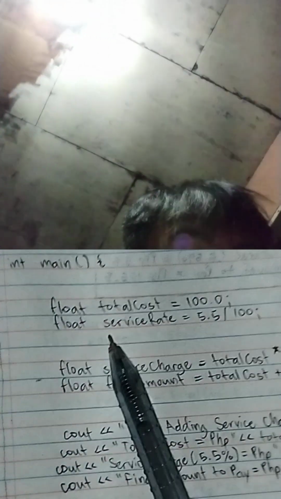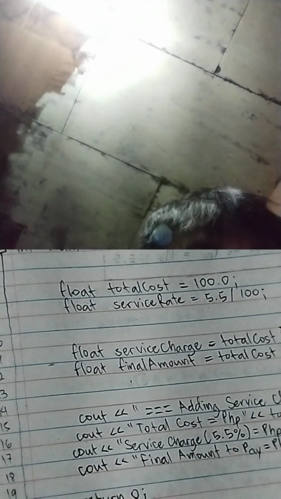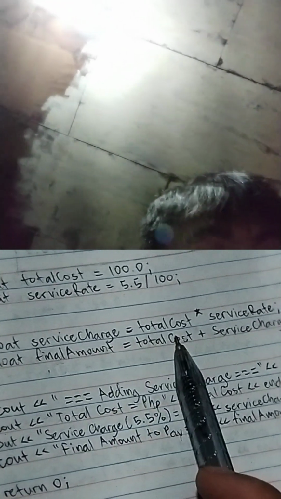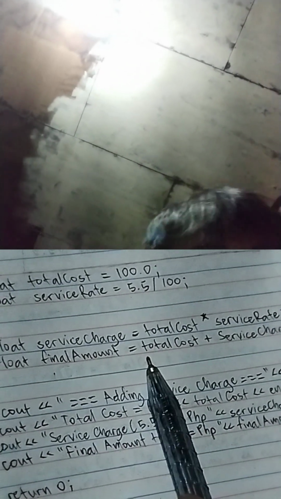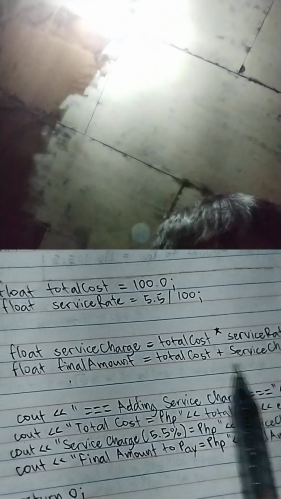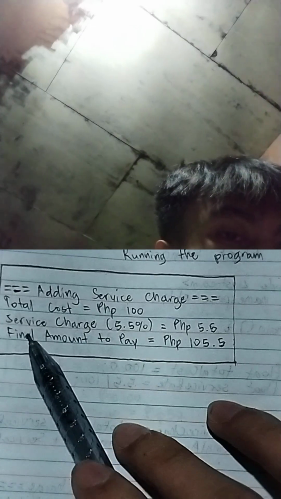So float total cost equals 100. This is the service rate, 5.5%. 5.5% of 100 is 5.5 Philippine peso. So float service charge equals total cost times service rate, and the final amount equals total cost plus service charge. So it will run like this. The total cost equals 100 pesos.